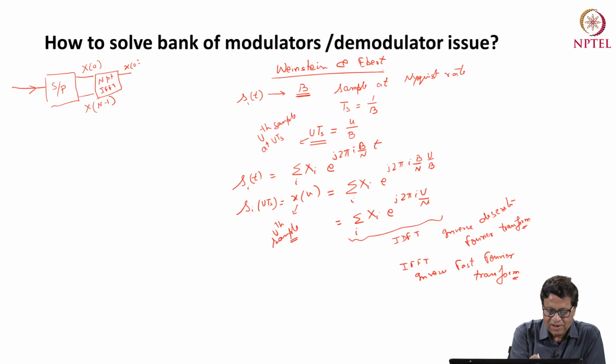So these small cases are denoted as samples. This is xn-1. So these are the samples after sampling it using Nyquist rate. And then you have a parallel to serial converter, and then a series of samples, which is x0, x1, so on and so forth up to xn-1.